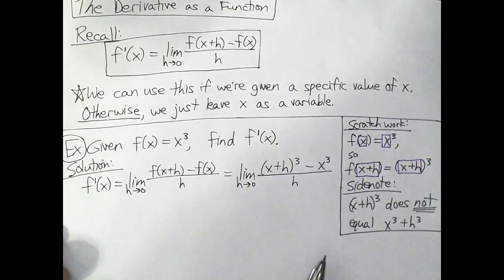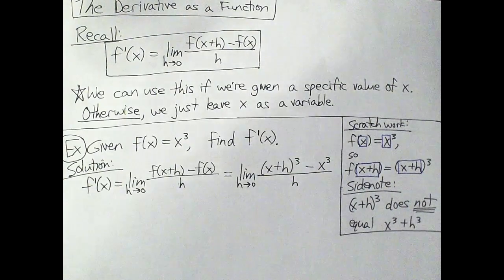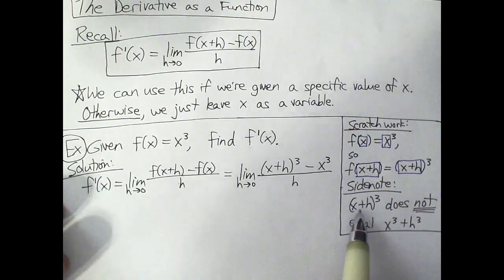Okay? In fact, I think that algebra mistake is so common that it has a name. I've seen it on Wikipedia. It's called freshman's dream. Or maybe it's called sophomore's dream. No, I think freshman's dream is the name of this algebra mistake. It's like you wish that this equaled this, but it does not.